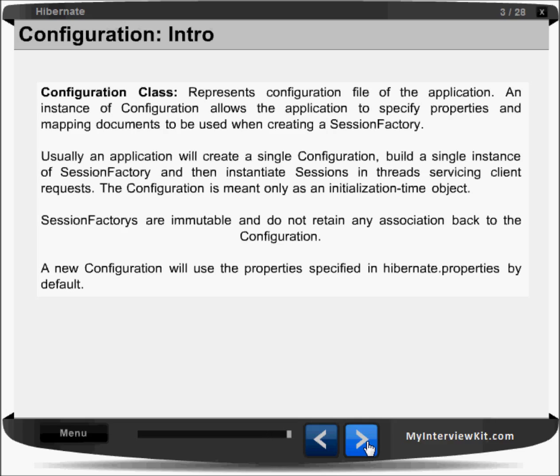The Configuration is meant only as an initialization-time object. Session factories are immutable and do not retain any association back to the Configuration. So you can do this configuration in a different way. Let us say I write some code here.